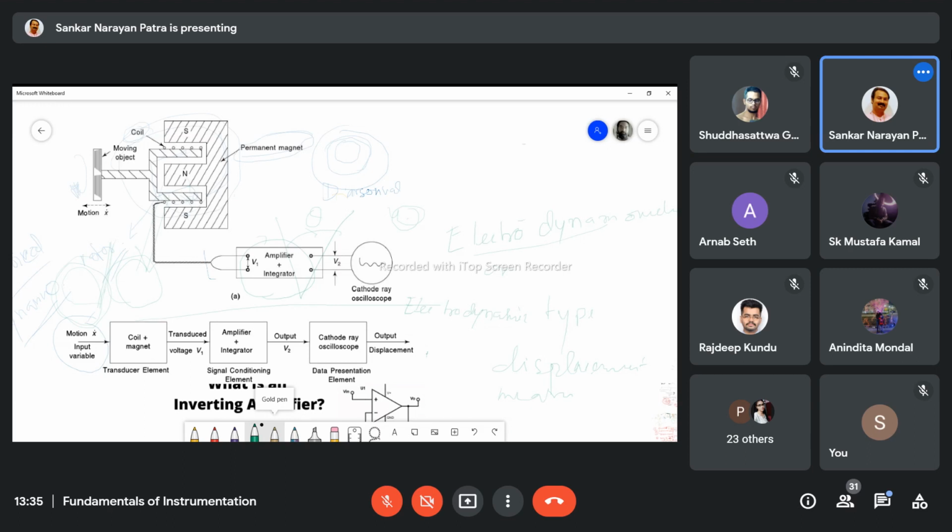So here, what I said is that there is another part, amplifier integrator. Now tell me, what is the integrator? Integrator means, suppose e to the power st. What should be the integrated value of e to the power st?